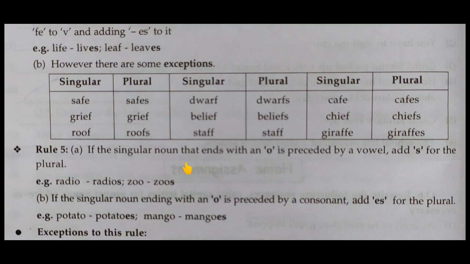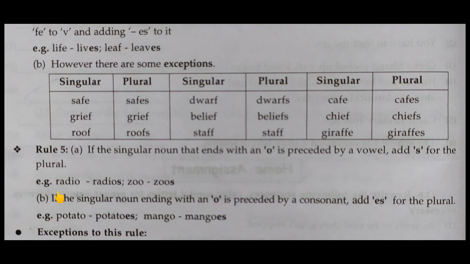If the singular noun ends with an o preceded by a vowel, add s for the plural. So if any singular noun ends with o and is preceded by a vowel, a, e, i, o, u, then we just add s for the plural.